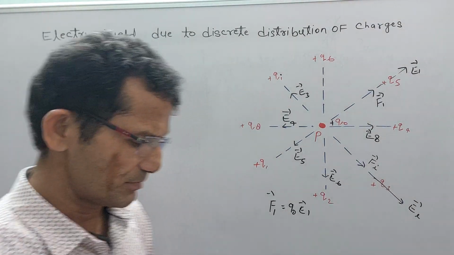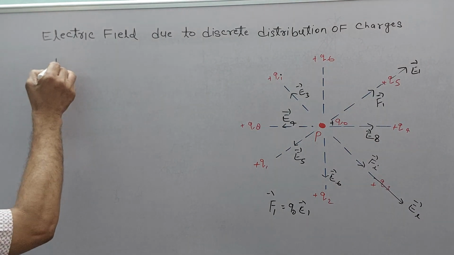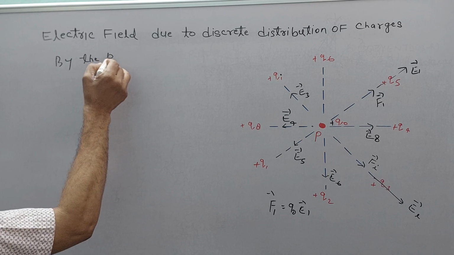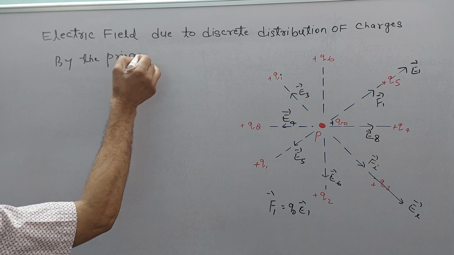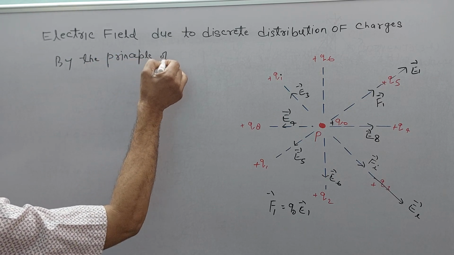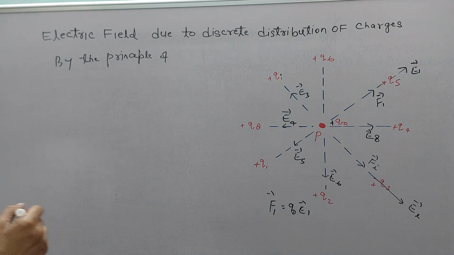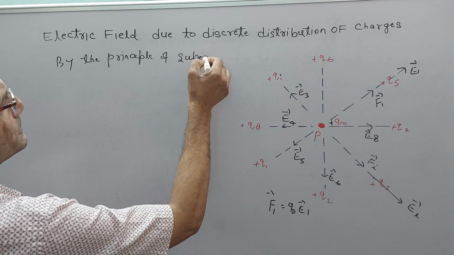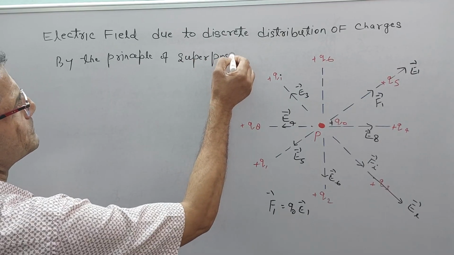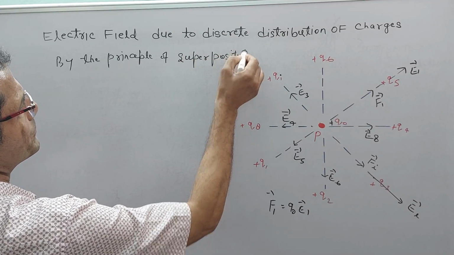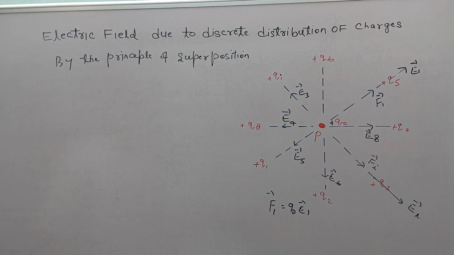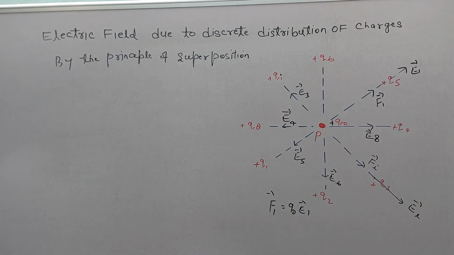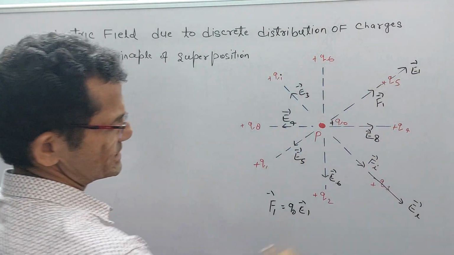So by the principle of superposition, the electric fields due to individual charges act as if all the other charges are not present nearby.